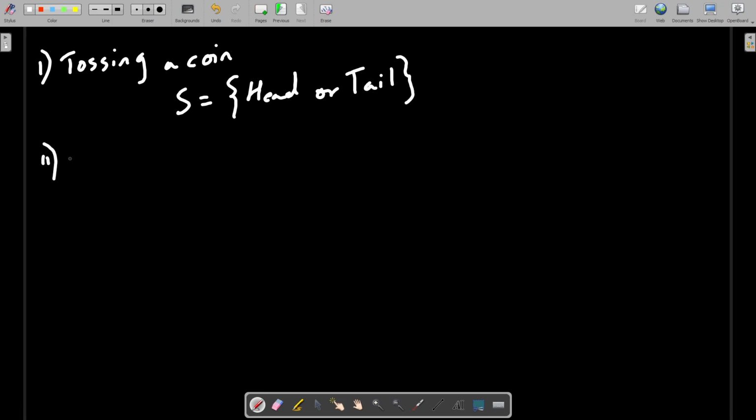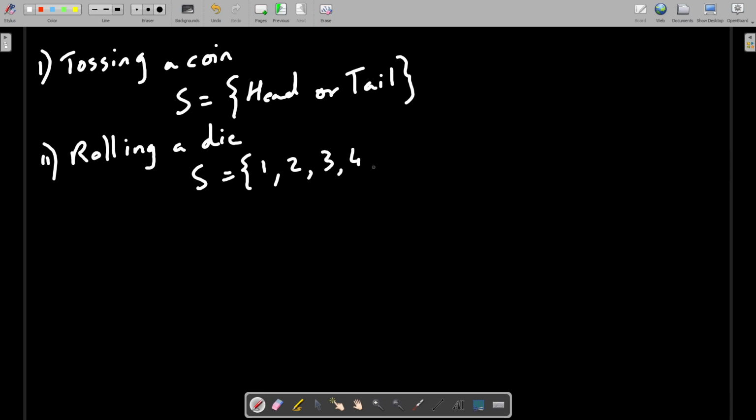Second thing we'll look at is rolling a die. Here the sample space will be what? 1, 2, 3, 4, 5, 6.